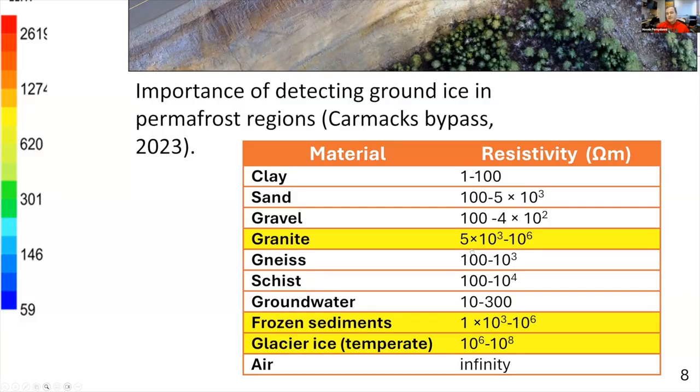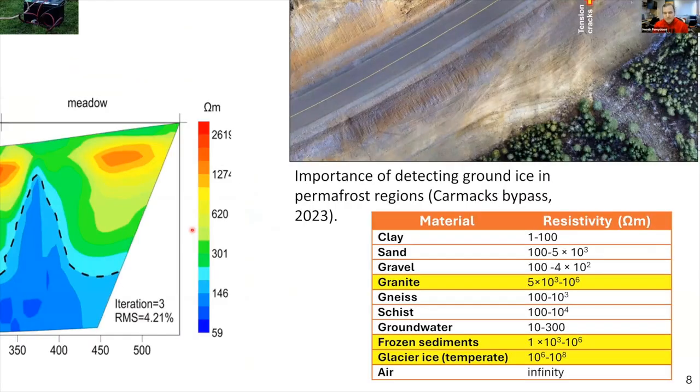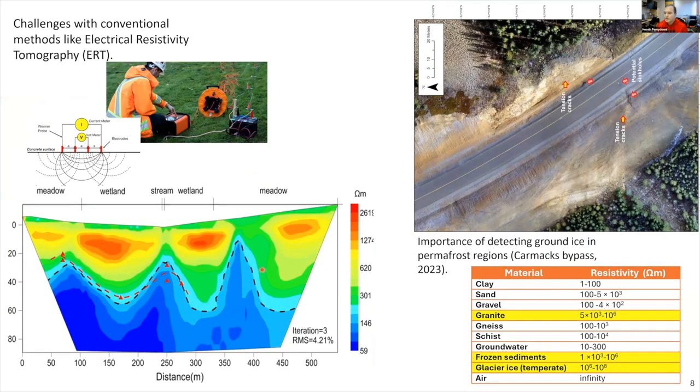For example, if in an area we have a combination of granite and ground ice, then making clear which one is which is really hard, because there is overlap between their resistivity. At the same time, some materials like clay have a lower resistivity, and when they are frozen, their resistivity doesn't increase as much as a frozen sediment.